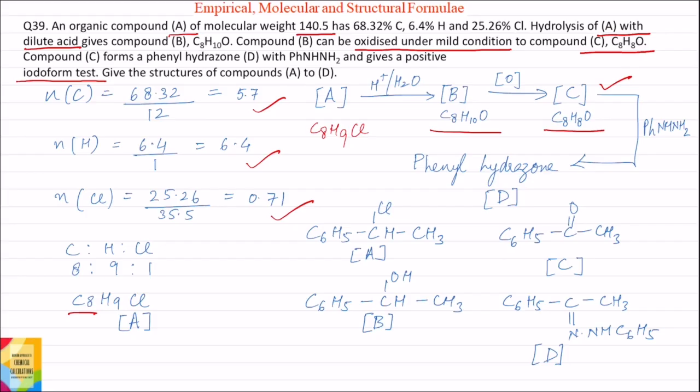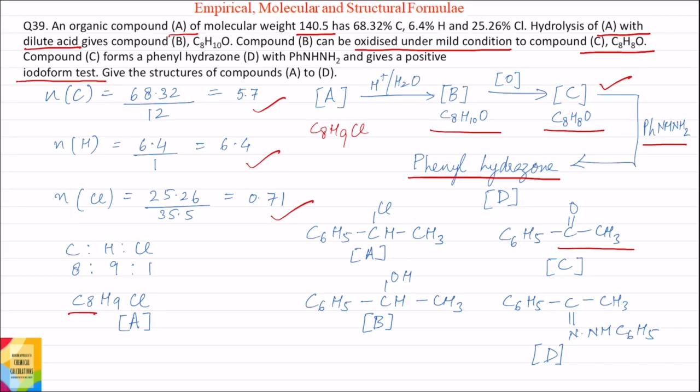From this formula, if we calculate the molecular weight of A, we will get the same as given in the question, that is 140.5. Now compound C gives the iodoform test, so we can assume that compound C may contain either a CH3CHOH group or a CH3CO group. Since compound C also gives a phenyl hydrazone with phenyl hydrazine, we can assume that compound C contains a CH3CO group.